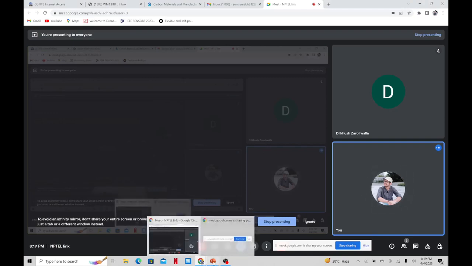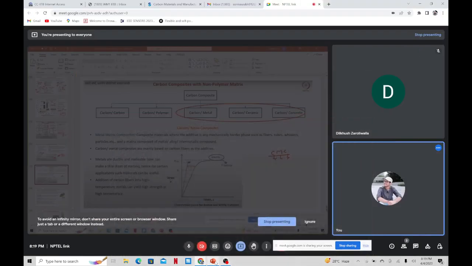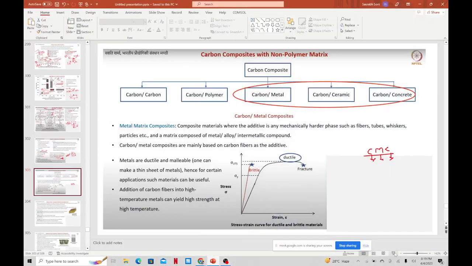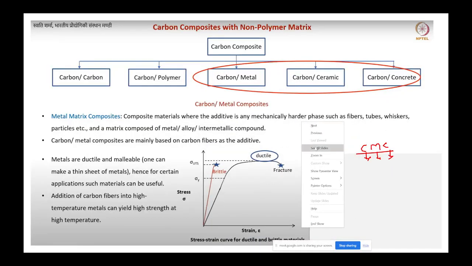Hello. Yes, I'm asking, have you seen anywhere this kind of carbon metal composite? No, carbon concrete. I've heard they are trying to build RCC slabs with carbon now.